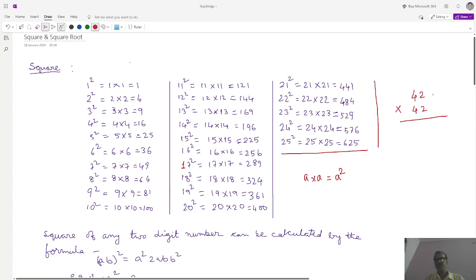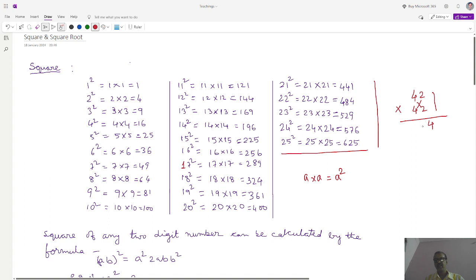First of all, you have to multiply these two digits, 2 into 2, it becomes 4, right? Then you have to multiply these two digits and these two digits and add them mentally.